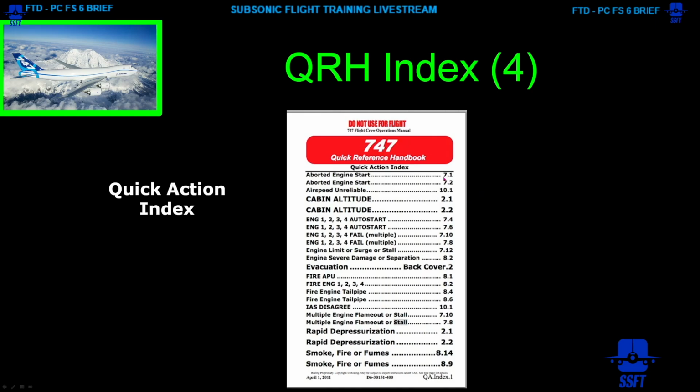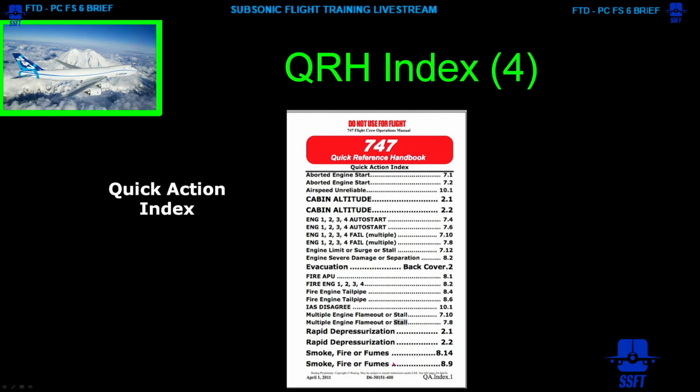So that's the quick action index. And again, some, like we said, will have memory items, some will not. Evacuation, for example, is not a memory item. We just turn the book over and the evacuation checklist is on the back. Fire APU, no memory items for that. But fire engine 1, 2, 3, 4, that has memory items.